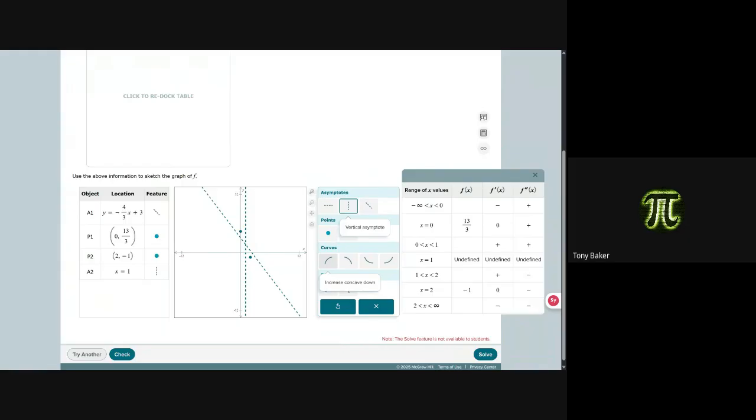All right. So now we just got to figure out the concavity. So -infinity to 0, it is decreasing and concave up.